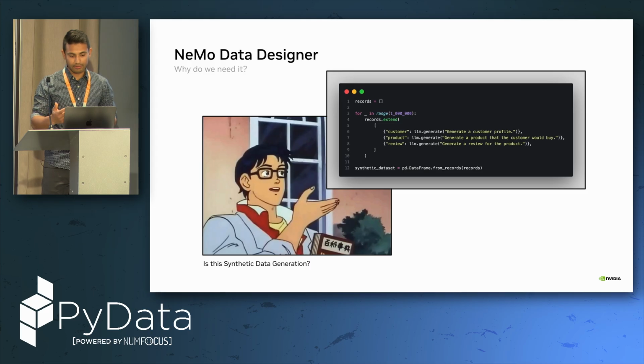But before that, you might be wondering, can I just call an LLM in a for loop and get my synthetic data? And the answer is yes, but you're going to get terrible data, right? To use my example earlier, if you were to ask an LLM to give you a knock-knock joke, have you ever done that?